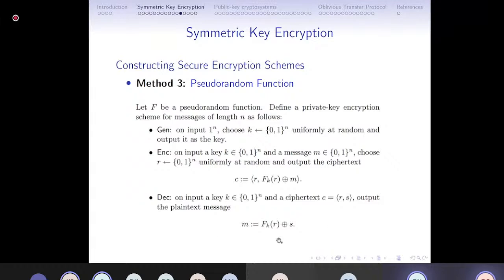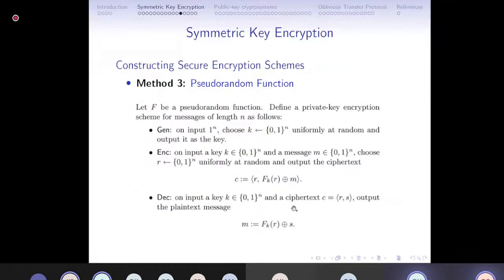In order to decrypt this ciphertext, the receiver simply uses the same key and this random value, feeds the key and random value to this function, and performs the exclusive OR with the ciphertext C and computes the message. So as you can see, during the encryption scheme, every time we feed a fresh uniformly random number.